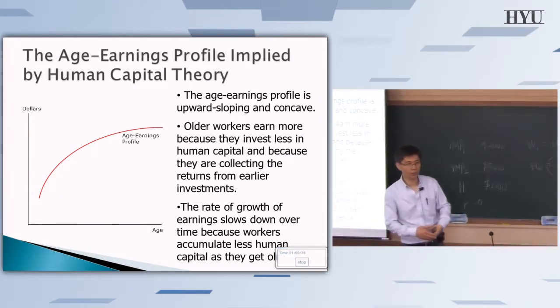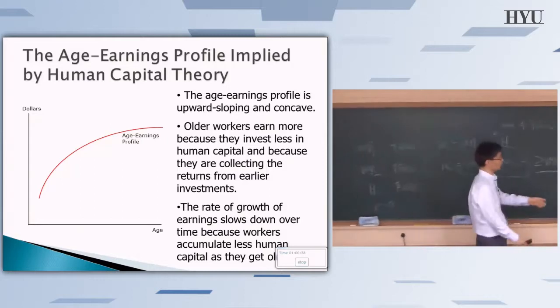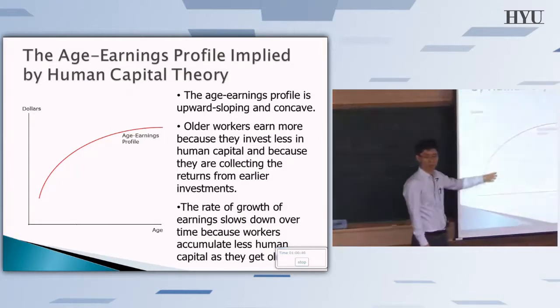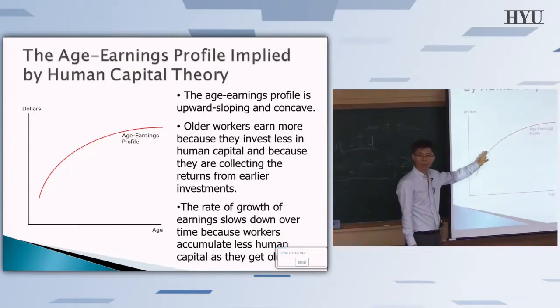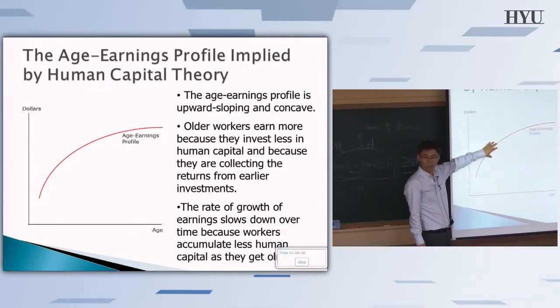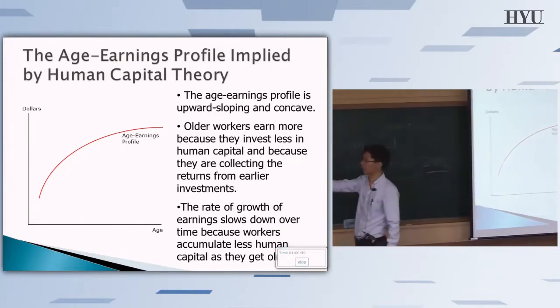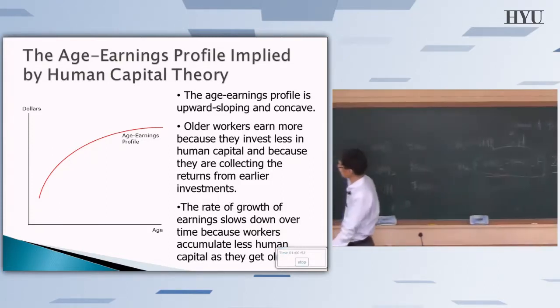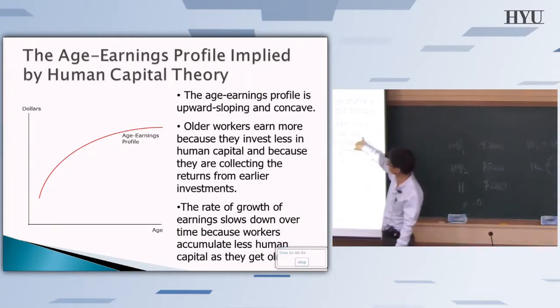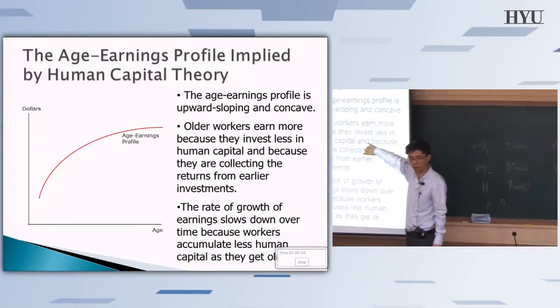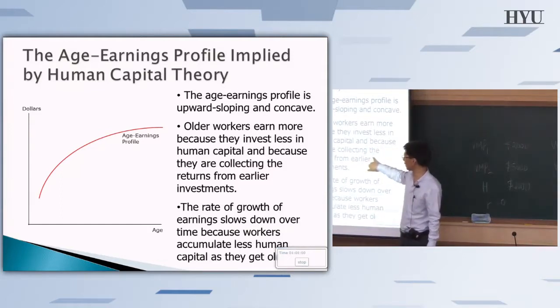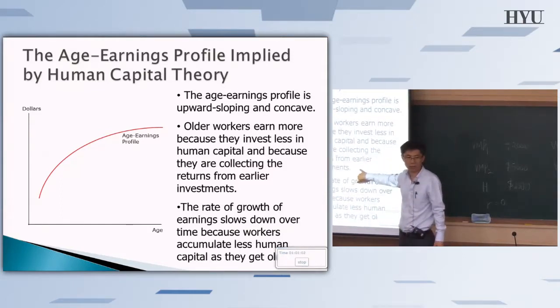So even if you have lower income in this period with the training, your income will go up because you have training now, so you will get a return while you are getting older. So earnings will go up as the individual gets older because, first, they invest less in human capital, so they pay less for their training. Second, they are collecting the returns from earlier investment.